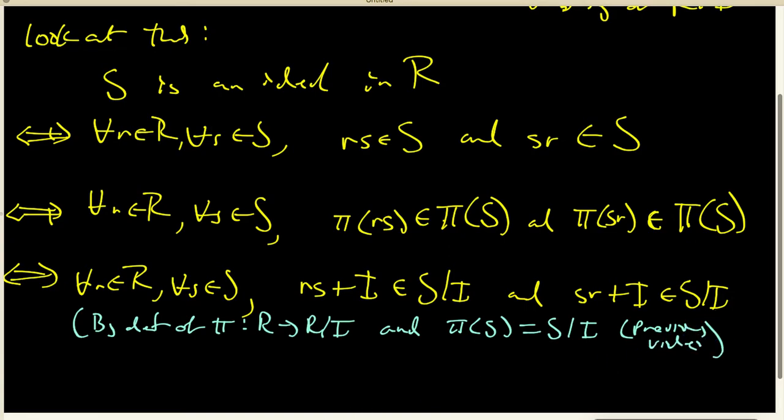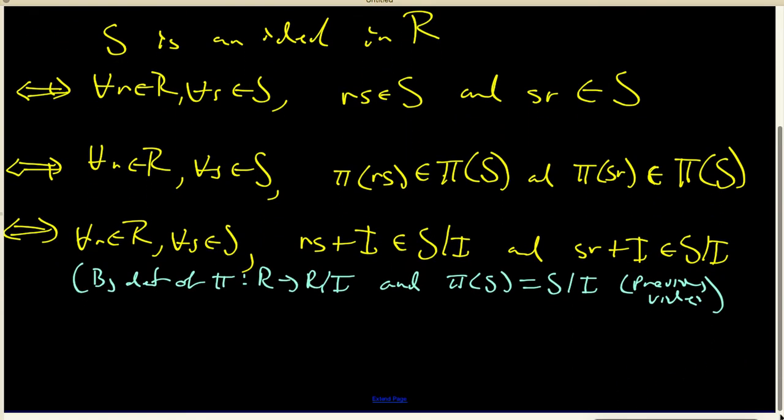So now what I want to do is think about something else. This is just a coset multiplication in a quotient ring, because we know that S/I is a subring of R/I.